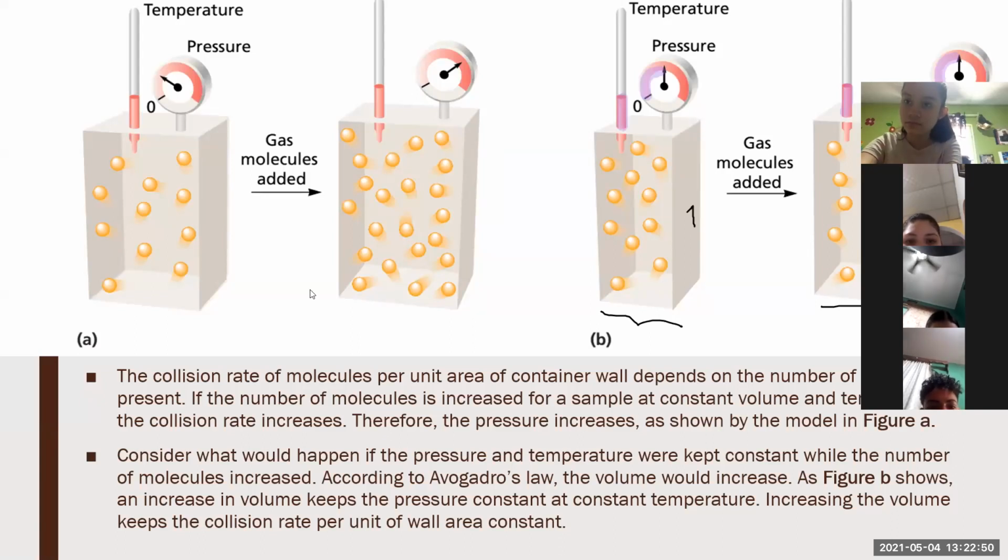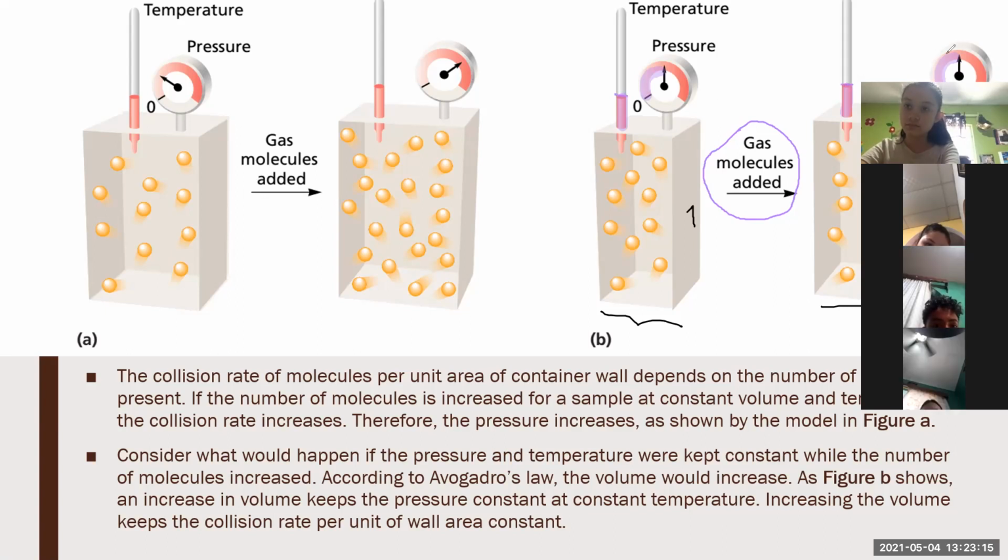Now, let's analyze this. It says, consider what would happen if the pressure and temperature are kept constant while the number of molecules is increased. Again, here I'm adding more gas. So if I keep the temperature at a constant value, and the pressure also the same as I had before, according to Avogadro's law, the volume would increase.